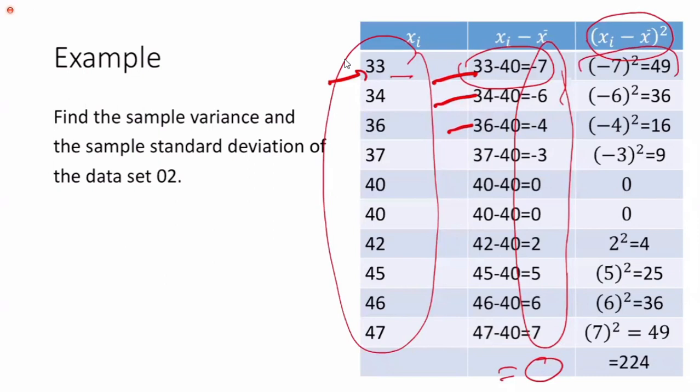Minus 7 squared. Then 49, 36, 16, 9, 0, 0, 4, 25, 36, 49. So we have found these square terms. After finding these square terms, we find the summation. Now you have to substitute these values obtained from the table in the formula.